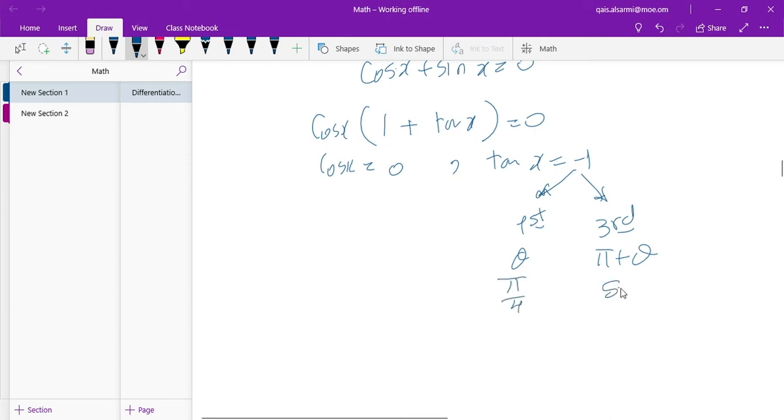Pi plus pi over 4 leads to 5 pi over 4. Here cosine x equals 0. The graph of cosine is like this. Do you remember these 2 points? Yes, perfect. Pi over 2 and 3 pi over 2.